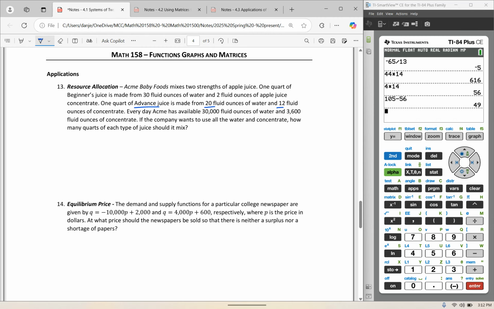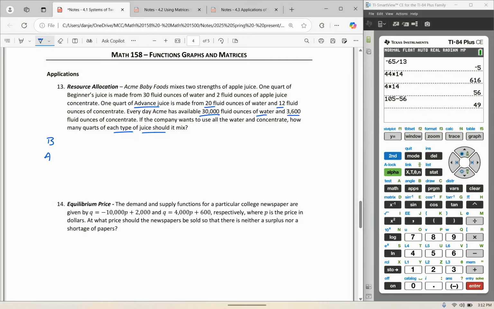Every day, Acme has available 30,000 fluid ounces of water and 3,600 fluid ounces of concentrate. If the company wants to use all the water and concentrate, how many quarts of each type of juice should it mix? Now, instead of x's and y's, I'm going to use B for beginner and A for advanced.